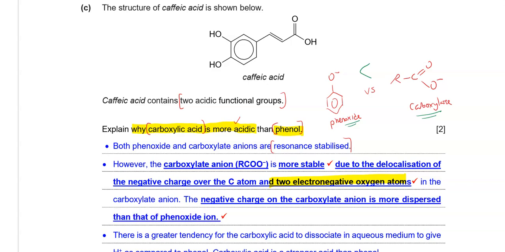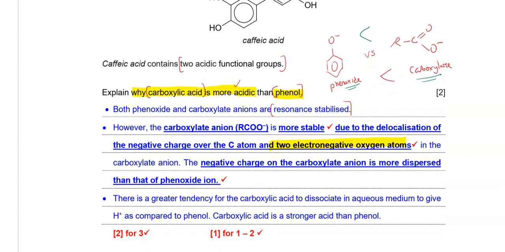As a result, negative charge is more dispersed than that of phenoxide. So if the carboxylate ion is more stable than the phenoxide ion, there's a greater tendency for a carboxylic acid to dissociate. Again, many of you are using terms like the carboxylic acid and the carboxylate interchangeably. That's wrong. You need to be very specific, which is your conjugate base, which is your acid.